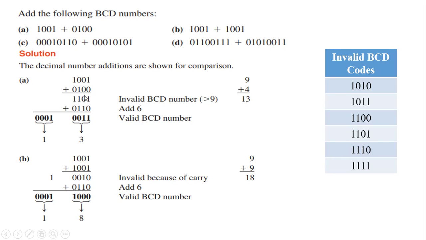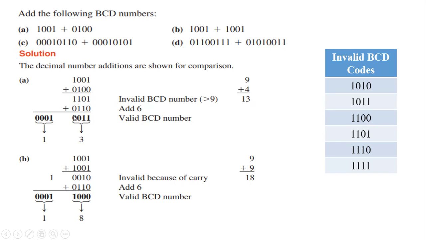In this case, we have to add the BCD of 6 to skip these 6 invalid codes. The BCD of 6 is 0110. So add this 6, 1010. 1 plus 1 is 0 and 1 is carried. 1 plus 1 is 0 and 1 is carried.